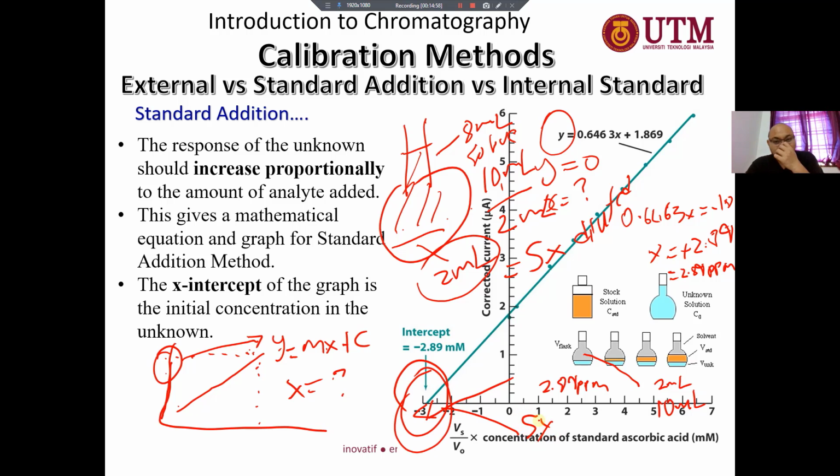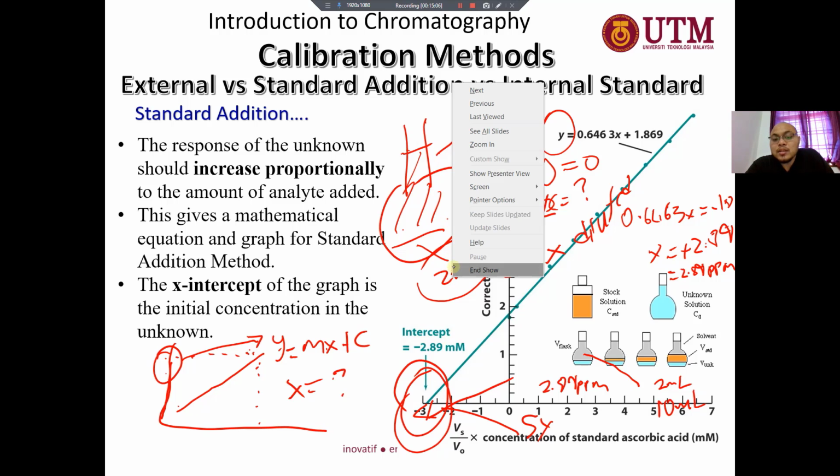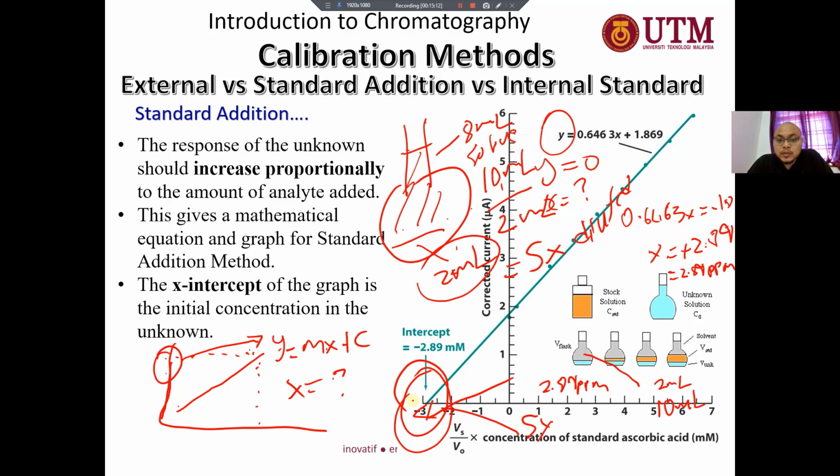For example, if you add 1 mL and then you dilute until 10, 10 over 1 becomes 10. So everything you get here, you need to multiply by 10. So you need to include the dilution factor. If you're doing the standard addition using the normal method, you need to include the dilution factor.